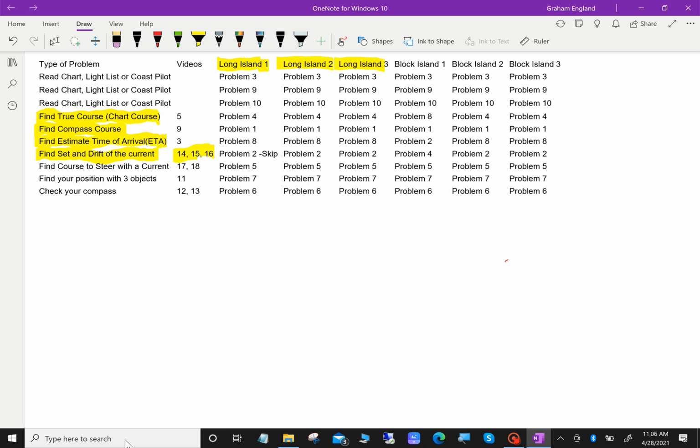Then we already know that there's a current and we need to set a course. We need to find the course that we're going to steer. It doesn't say the word compass, so we're not using the compass part of the cheat sheet. So we find the course to steer, and because there's a current, we actually have to figure out how much we steer into the current.